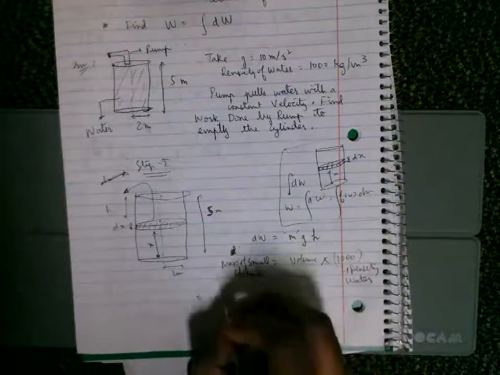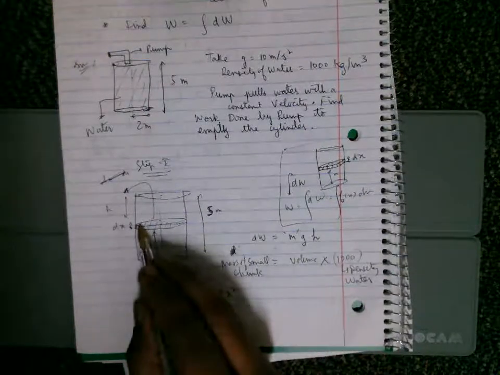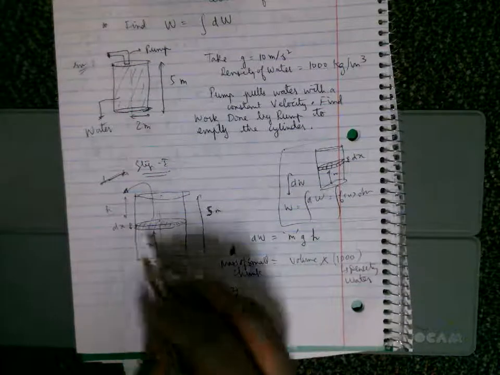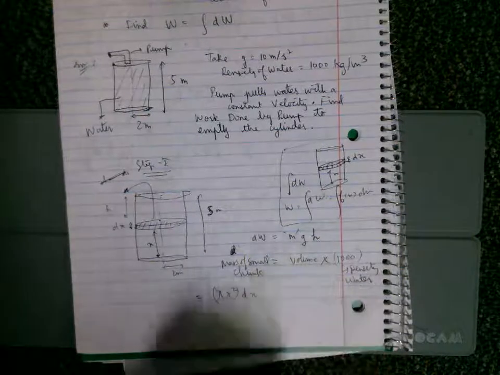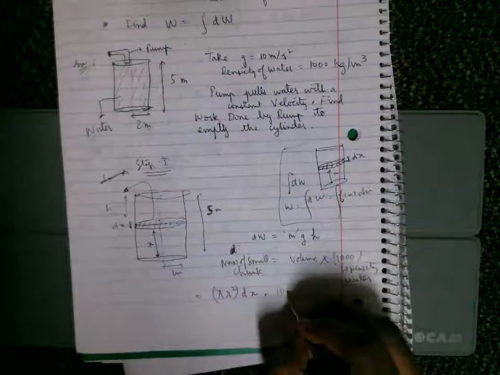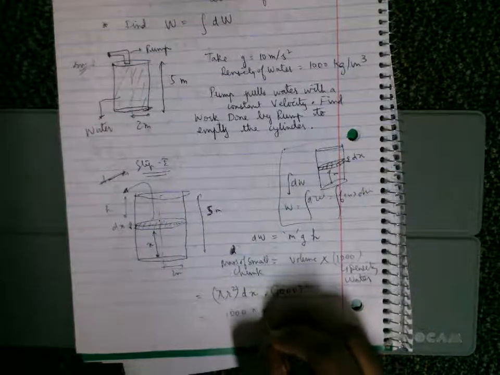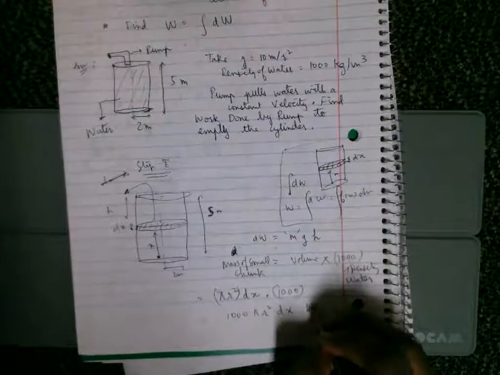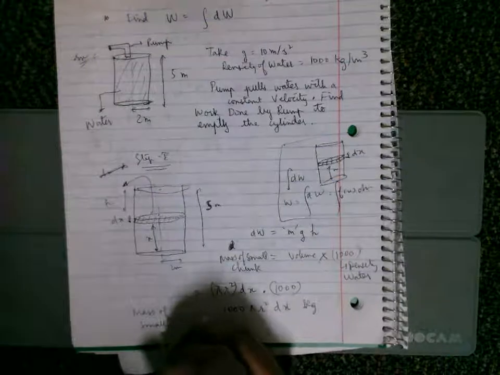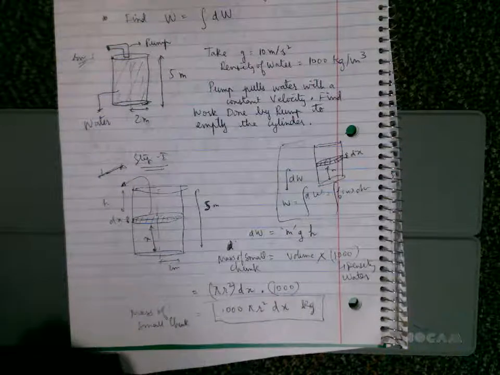Its volume is pi r squared times h, but the height is dx. So the mass of the small chunk is equal to 1000 pi r squared dx kg.